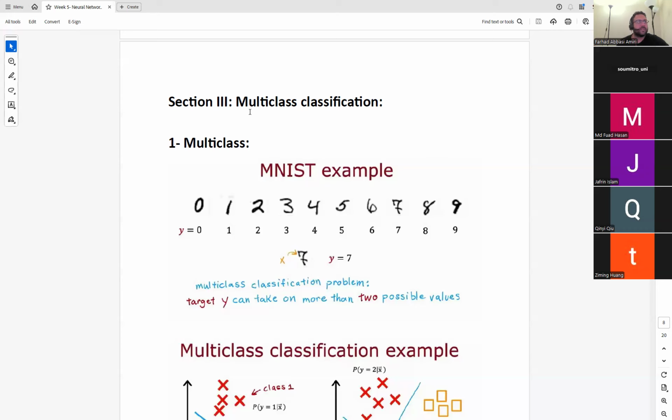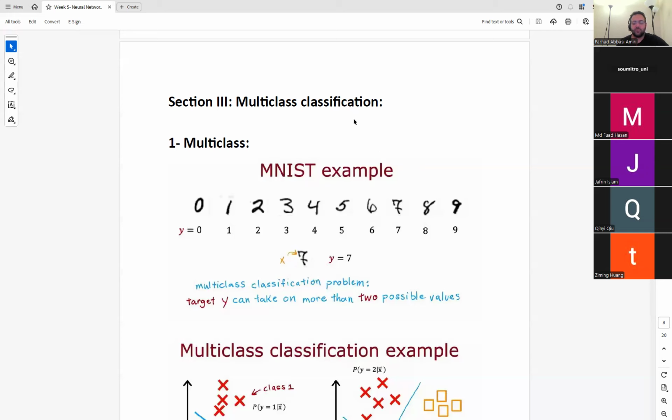So the third section, multi-class classification. Multi-class classification is the other side of binary classification. For binary classification, as I mentioned many times, we have just two classes, right?